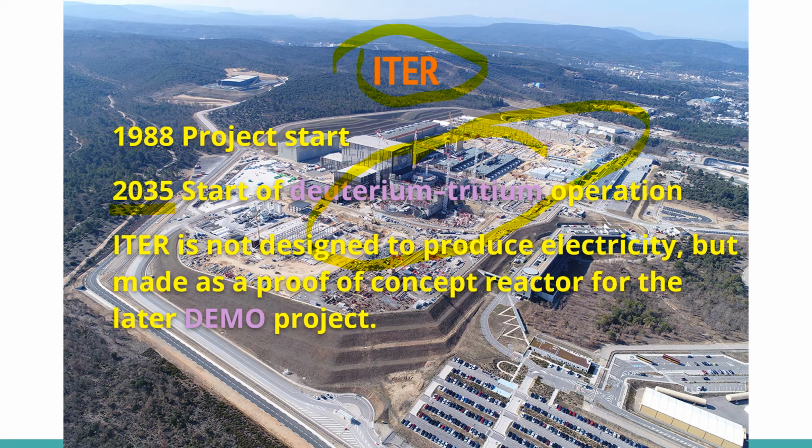It should have a deuterium-tritium operation. It is not designed to produce energy, but it is a proof of concept. That means this machine will never produce energy. It will only show that it might be possible to produce it.